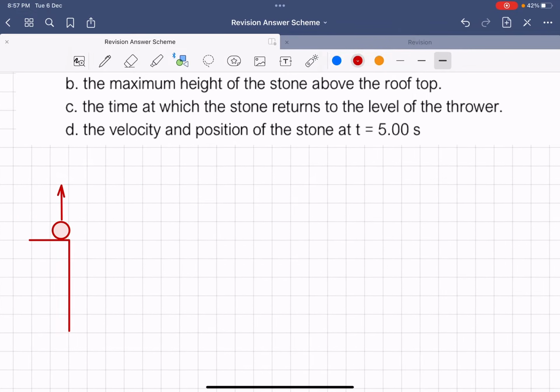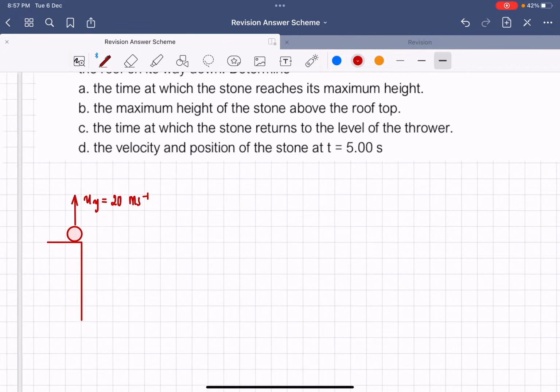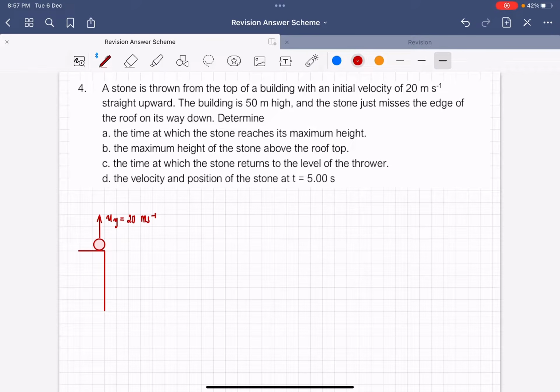Okay, so now, this is our initial velocity. This initial velocity is only present in the y component. So I'm going to label it as uy equal to 20 meters per second, because the question says it has an initial velocity of 20 meters per second.